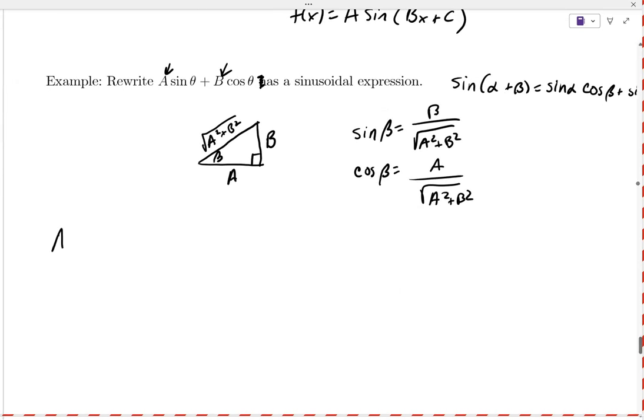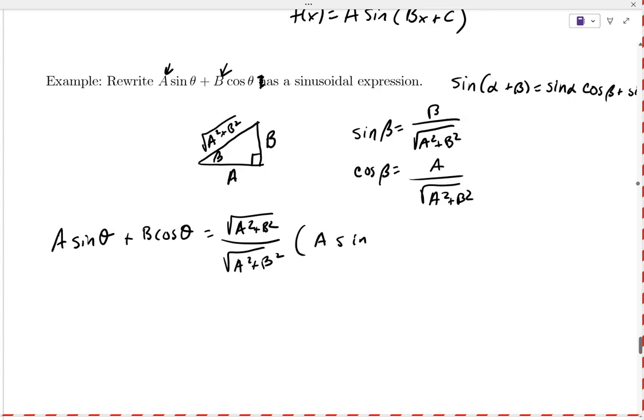So I'm going to start with my a sine of theta plus b cosine theta, and I'm going to multiply it by 1. I'm going to cleverly rewrite 1 as the square root of a squared plus b squared over the square root of a squared plus b squared.